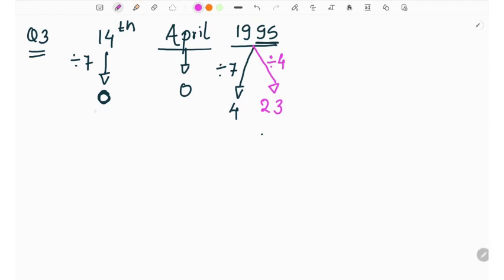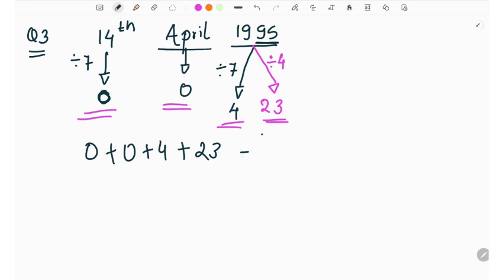So the values we have got now are 0, 0, 4 and 23. Simply take the addition of all of this: 0 plus 0 plus 4 plus 23 gives me 27. This is your final summation. What will we do with the final summation, students? Divide it by 7. Once again we consider the remainder.